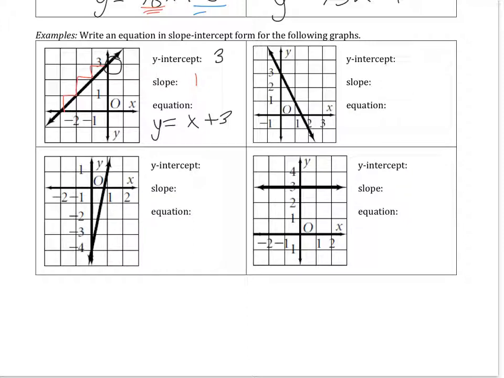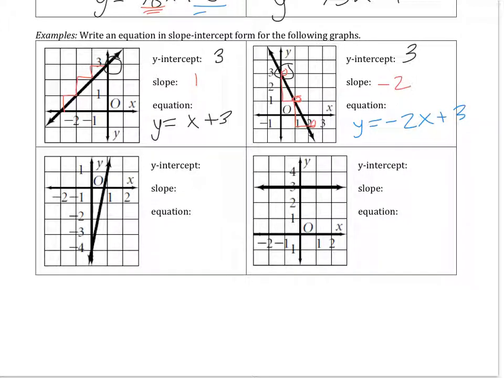Example 2, the y-intercept is 3. And then if I look at the slope, I'm going down 2, right 1, from grid mark to grid mark. So it's -2. So my slope-intercept form is going to be y equals -2x plus 3.